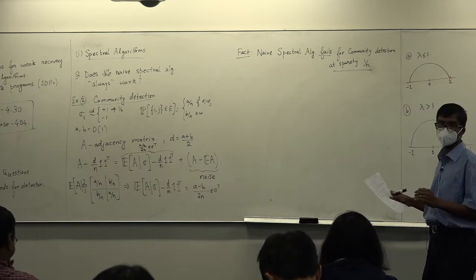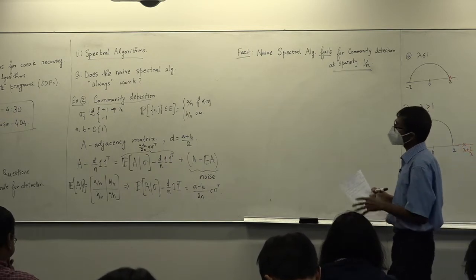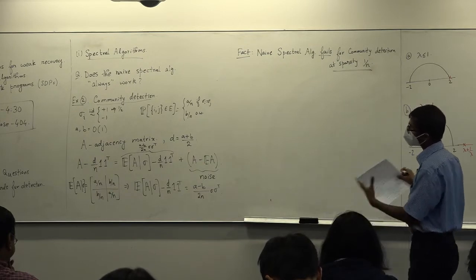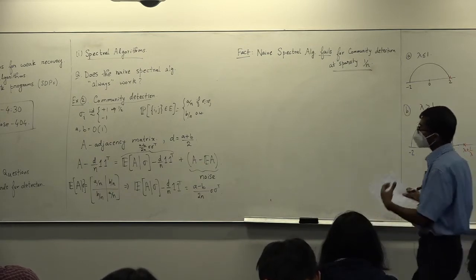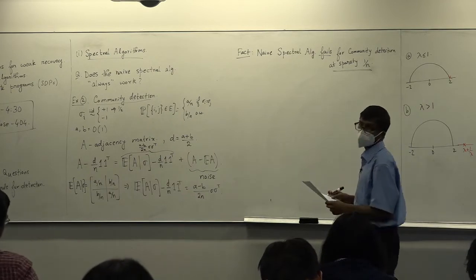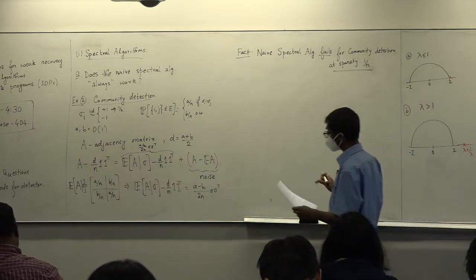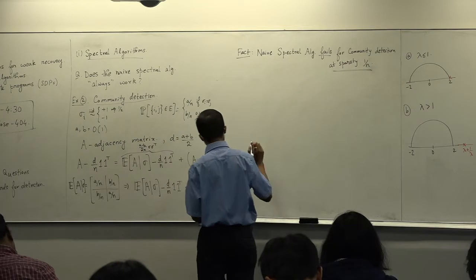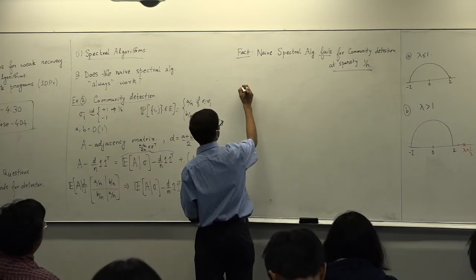A simpler object. But there are things that happen here that are universal for all these random graphs that are essentially going to stop the spectral algorithm from having a positive behavior. So let's look at even sparse Erdős-Renyi graphs for a moment.